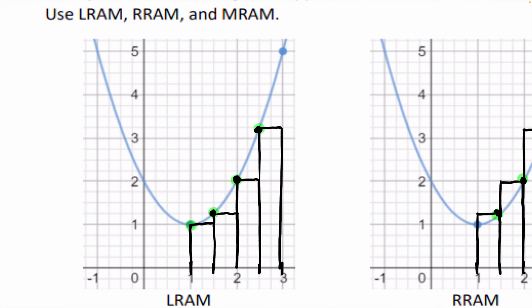Thinner. Would that do a better job or a worse job? Better. Every time I bring them in so their width gets smaller and smaller, I'm covering more of this area that I didn't cover before, right? So in a perfect world, if I keep doing that, I'll have the exact area.